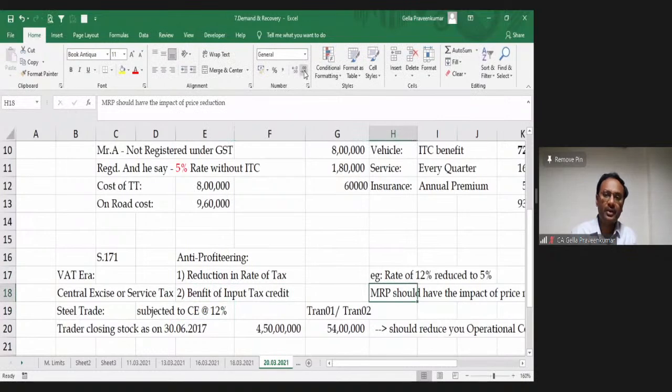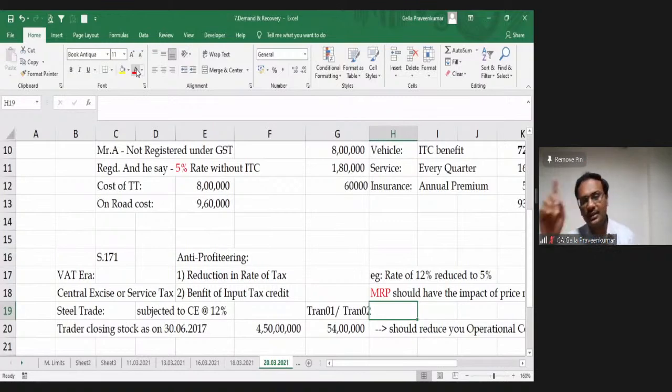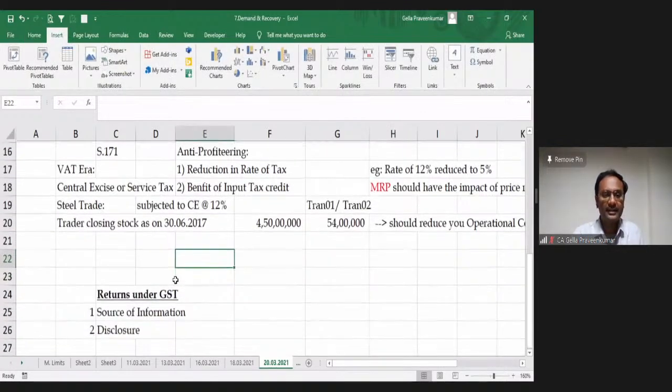One, if you are talking about goods which are sold on MRP basis, like all your Patanjali or Hindustan Unilever, ITC, whichever products you talk about, whenever the GST Council comes with a notification saying that the rate of this particular product has been reduced from so-and-so rate to so-and-so rate, the government said, look, please pass the benefit of that reduction in rate of tax to the end consumer. Don't increase your profit margin. Now, I'll give an example of this reduction in rate of tax.